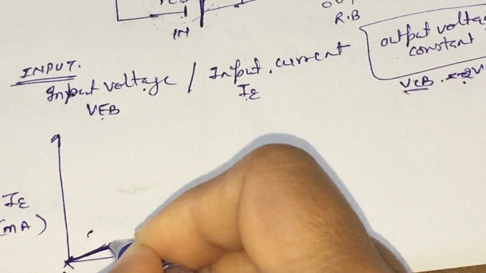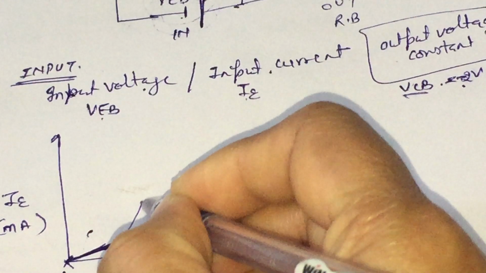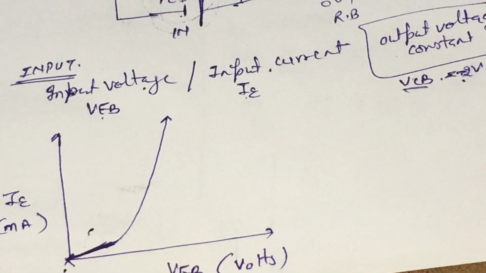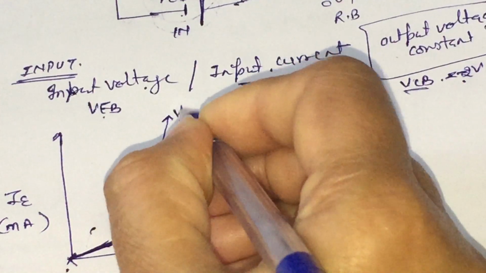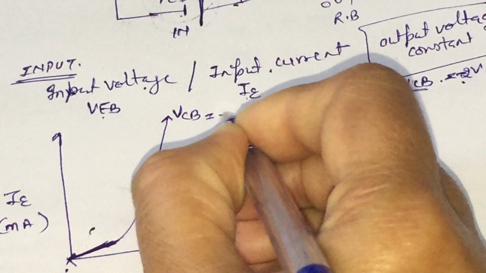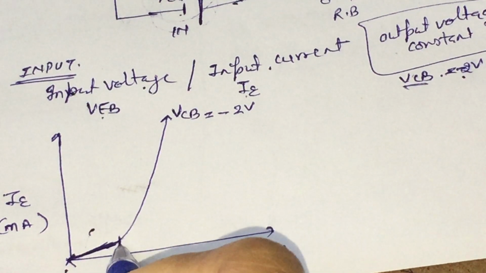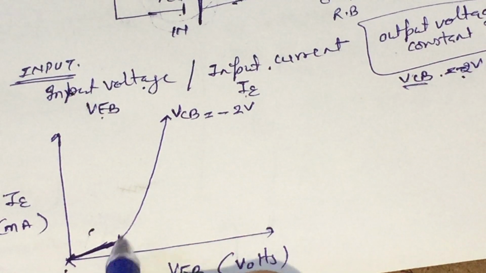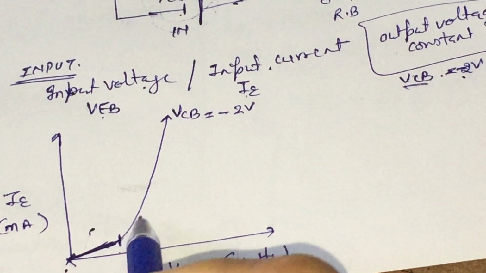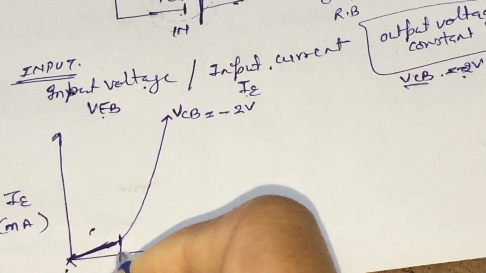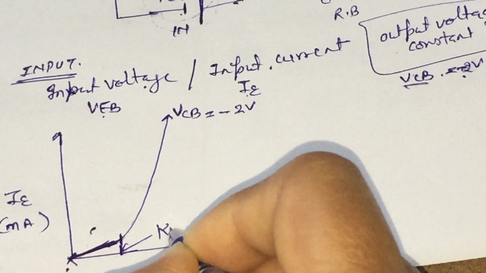We very well know that this is the forward biasing graph for a PN junction diode, and let us consider this is the graph obtained at minus 2 volt. At a particular voltage the graph shows an increase, and this particular voltage is known as knee voltage.